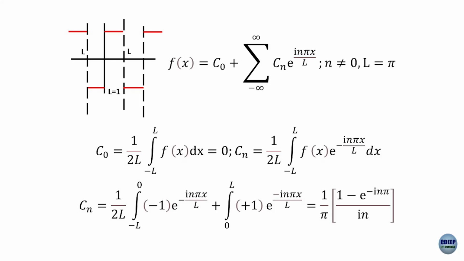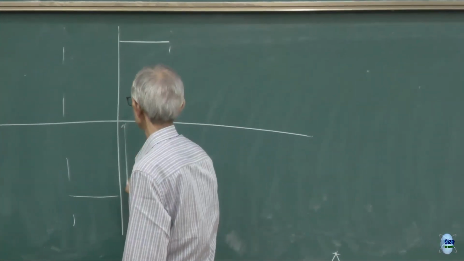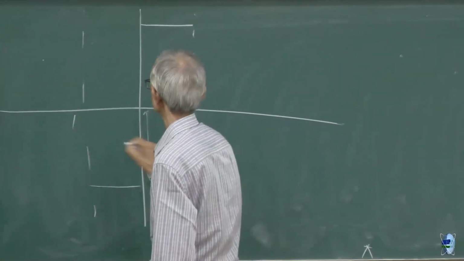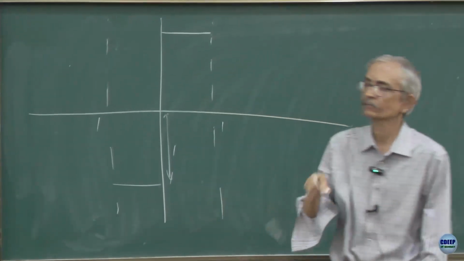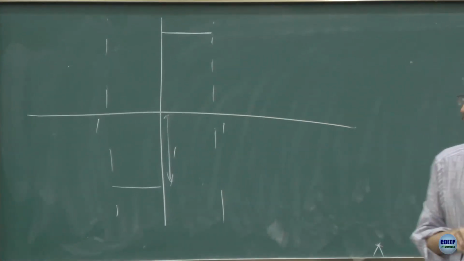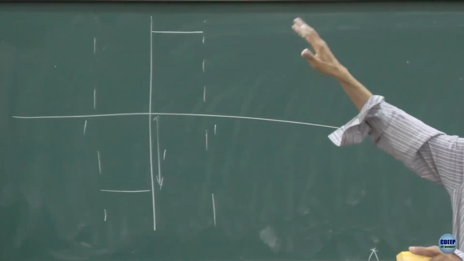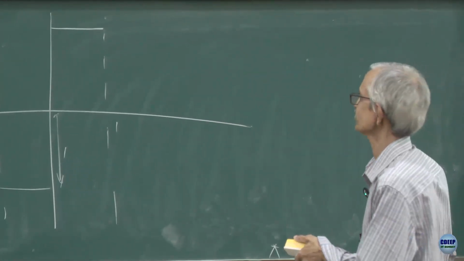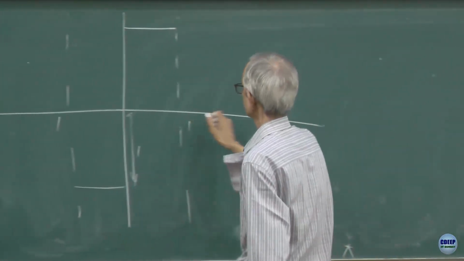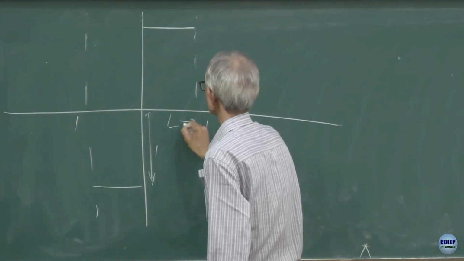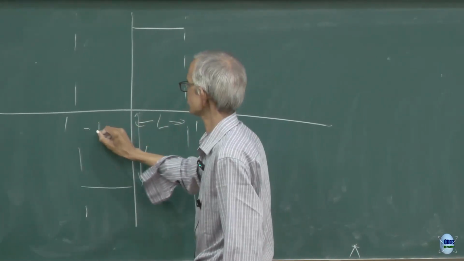We did several examples. So this is 1, this is 1. I have got a square wave in some sense, and the red one is the wave, and this is plus L, this is minus L.